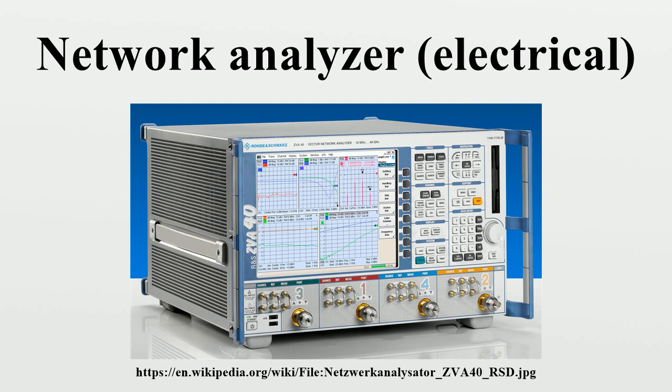Some analyzers will dedicate a separate receiver to each test port, but others share 1 or 2 receivers among the ports. The R receiver may be less sensitive than the receivers used on the test ports. For the SNA, the receiver only measures the magnitude of the signal. A receiver can be a detector diode that operates at the test frequency.